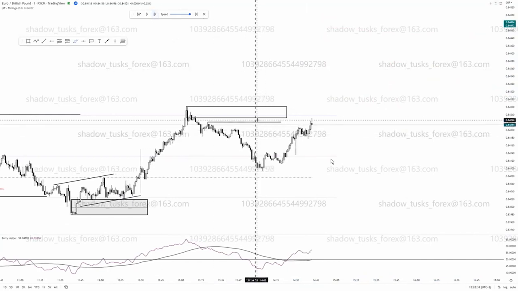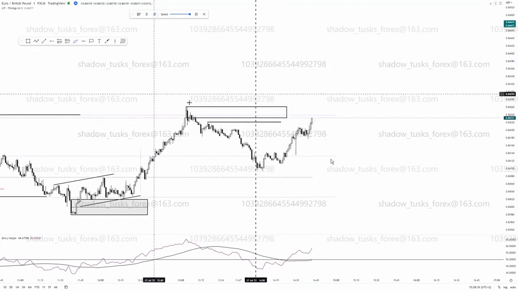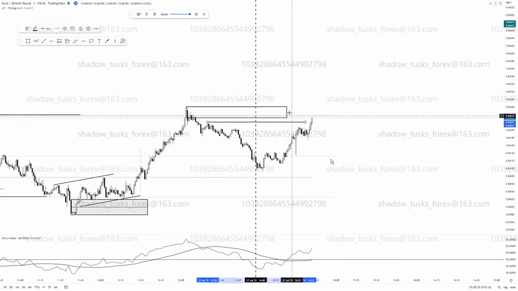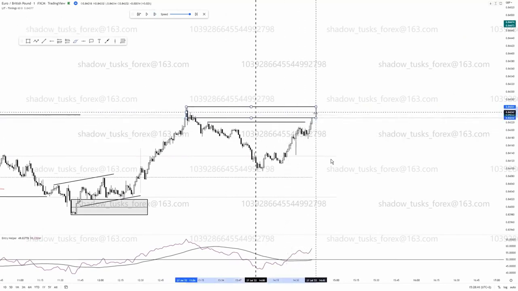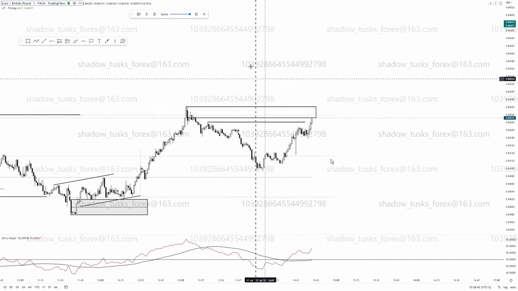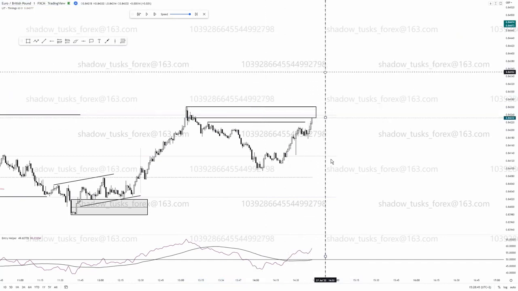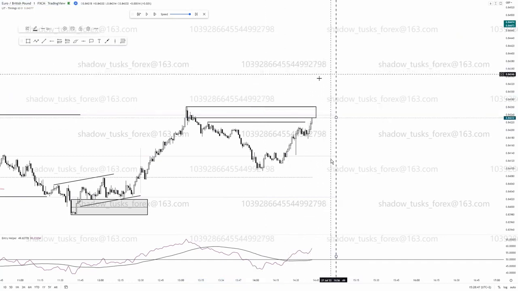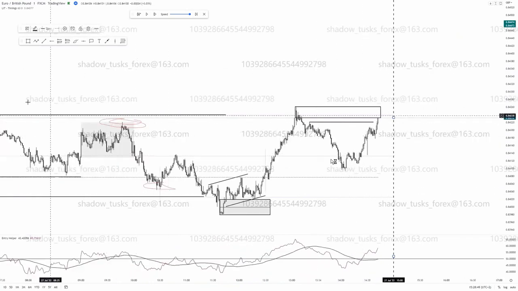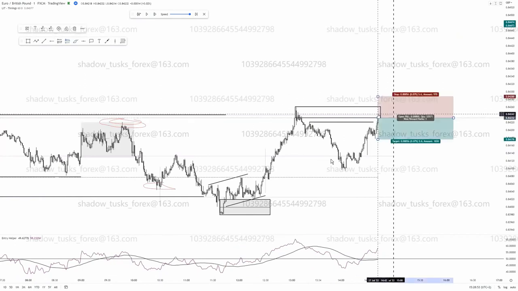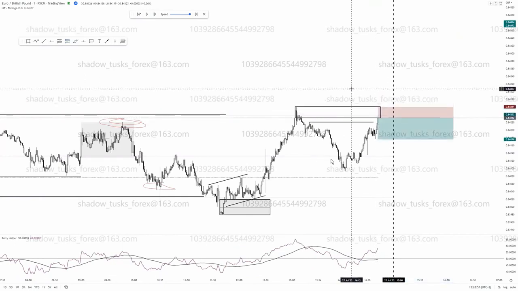Okay, perfect. We're faking the reaction, and then we're coming in. New York trap is just around the corner, right there. Okay, now we need to think, if we're in this trade, where are we going to target?